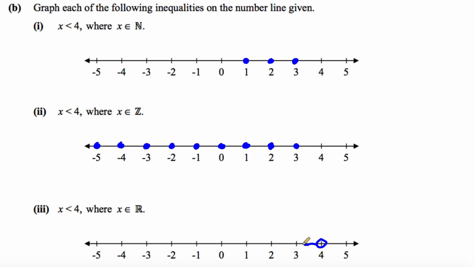We represent it with a solid line going back across anywhere down to the left with a big arrow. So any number in the real set less than 4. So that's the answer to part 3. And that's the end of question 7.